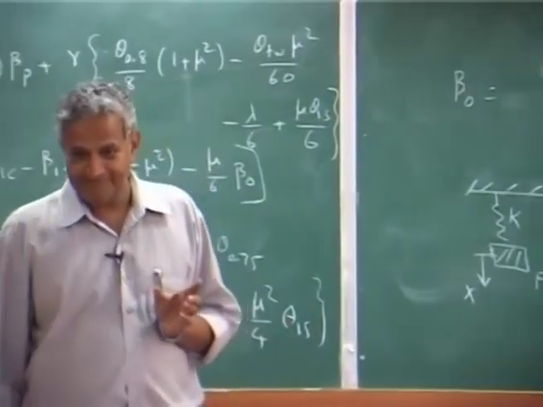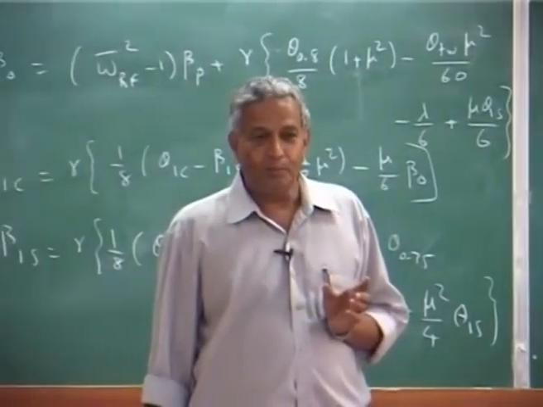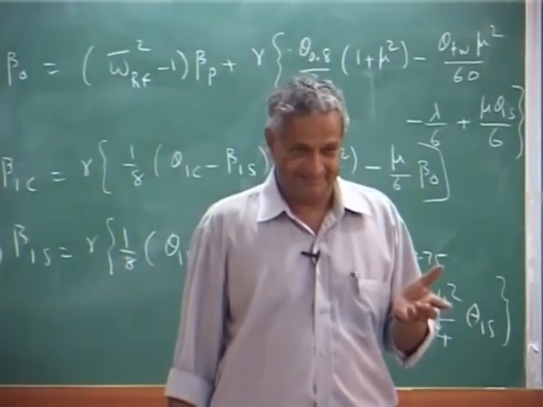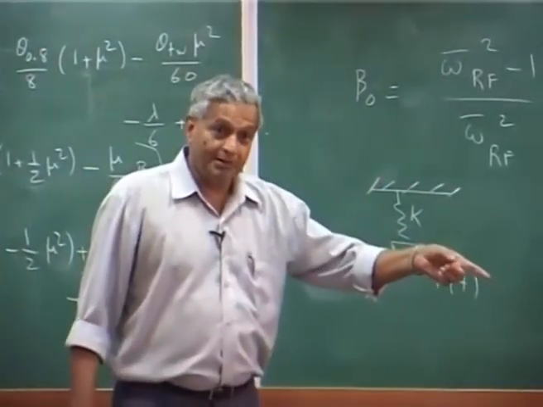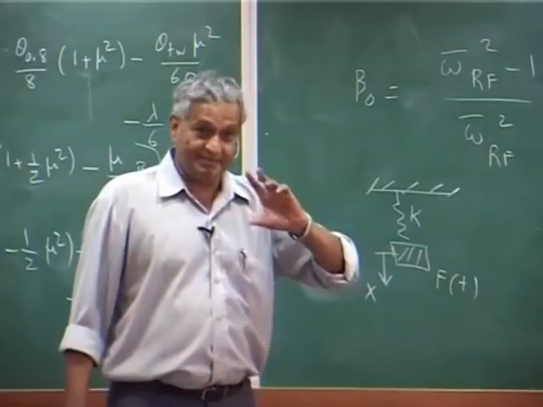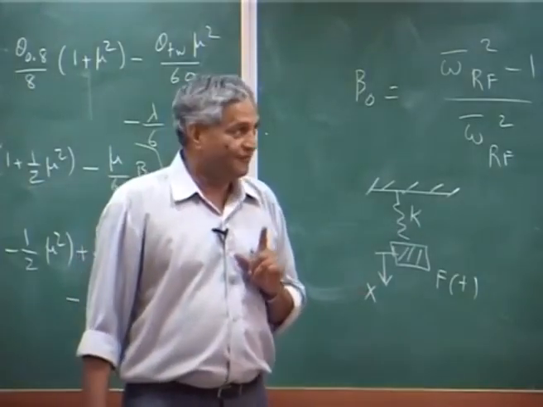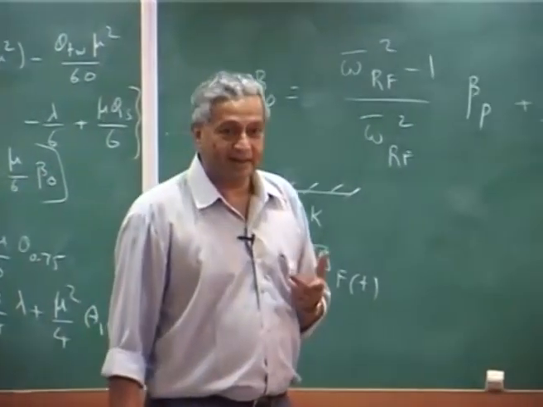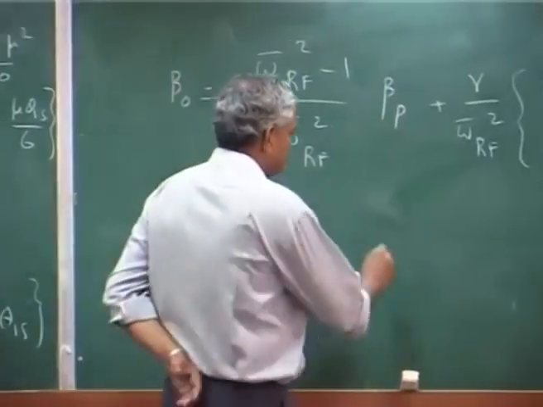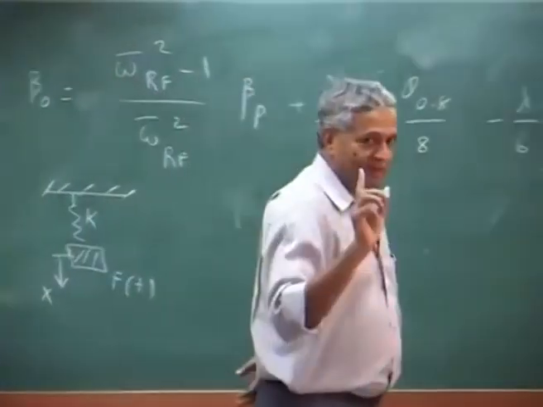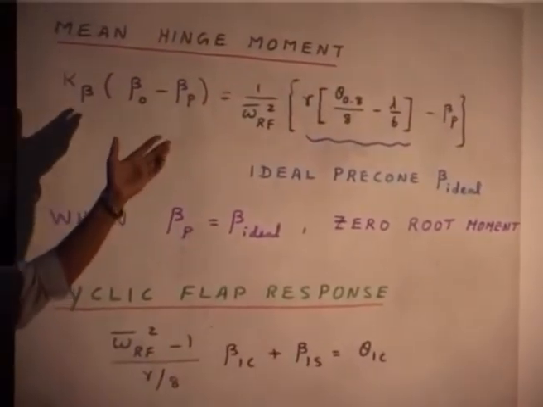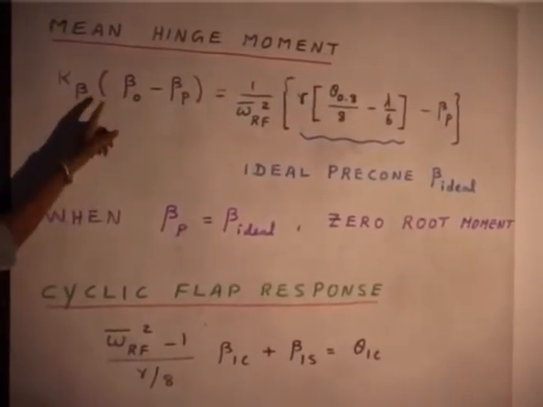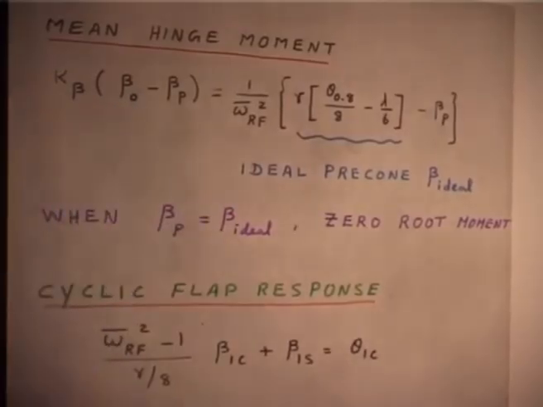That means the moment that acts at the hub, please understand, this is the flap moment. Flap moment acting at the hub, I am taking the mean value, because beta 1c, 1s I am not taking, otherwise I have to take k beta into beta minus beta p.